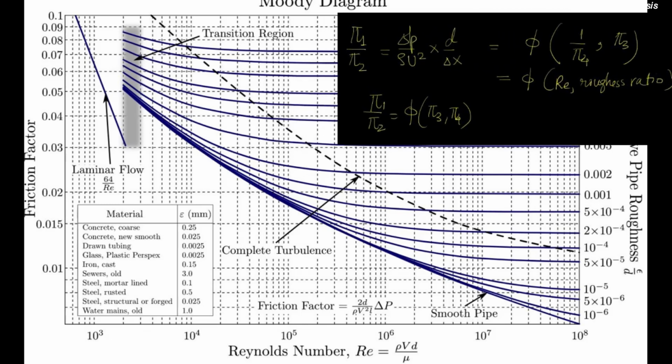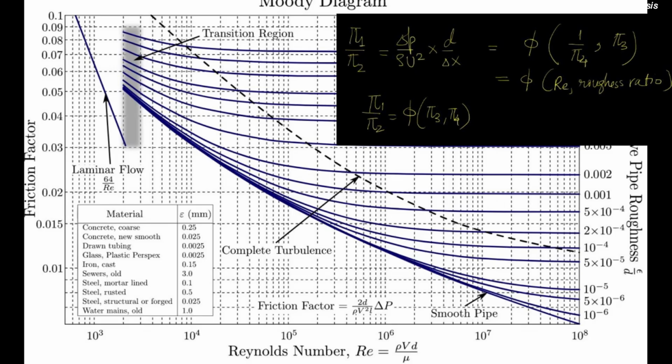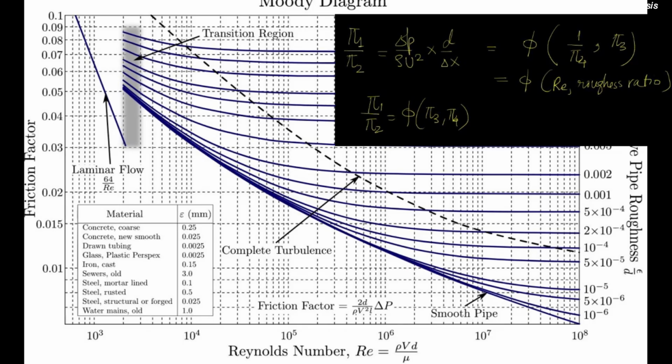In the Moody's diagram on the y-axis, we have the friction factor, which is nothing but delta p upon rho v square multiplied by d upon L. So essentially, this is pi 1 divided by pi 2.